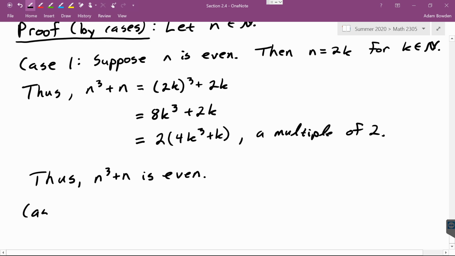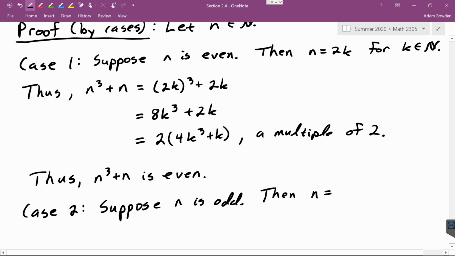Now, if we look at case 2, we're going to do the same thing, but for odd. Suppose n is odd. Then how can we write our n by the general form of an odd number?